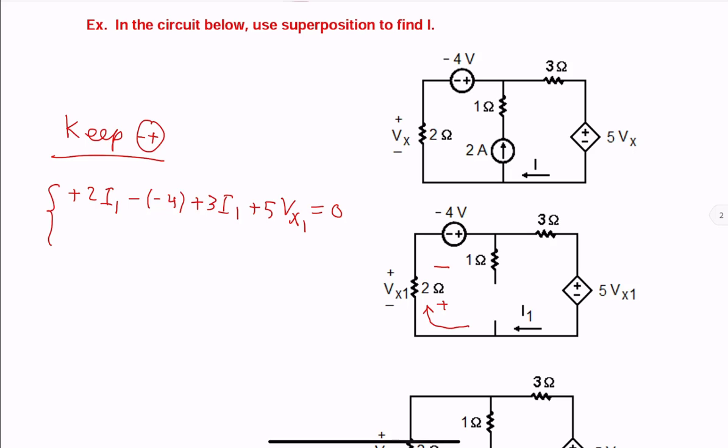And Vx1 is resistance times current entering positive reference of the voltage. So that makes this negative 2I1, current being negative I1.